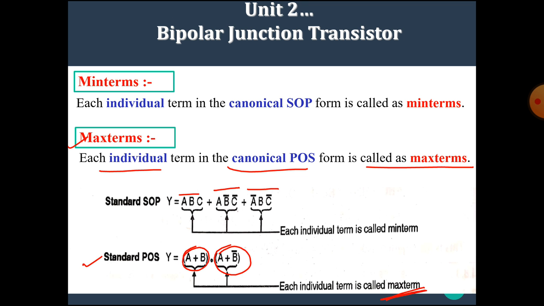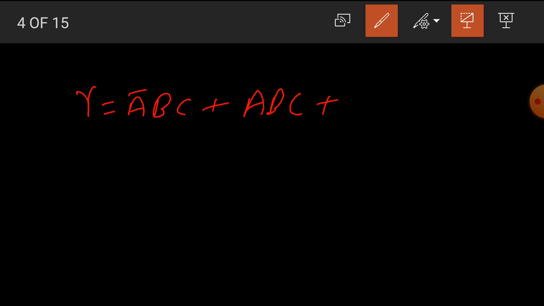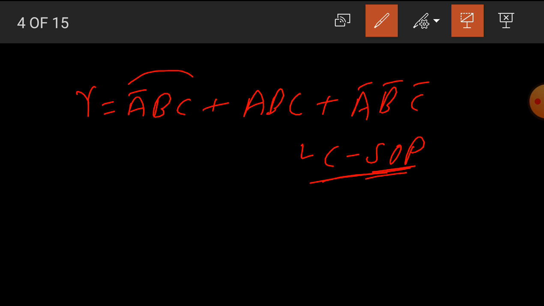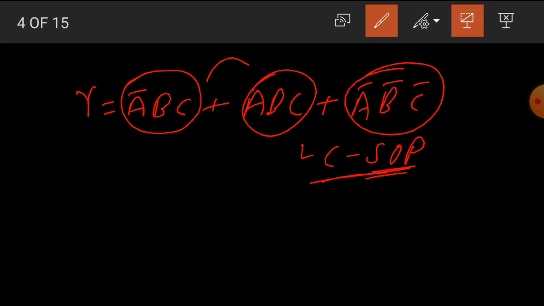Okay, let's see once again. If we have the equation y is equal to a bar bc plus abc plus a bar b bar c bar, then this is an example of canonical SOP, sum of product. In canonical SOP, each individual term, that means this term and this term, these terms are called the min terms.